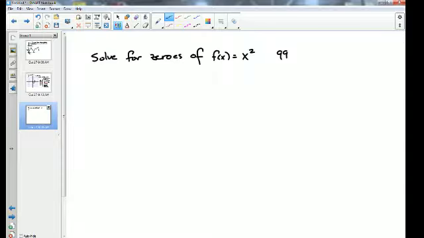Positive or negative? Negative. Both. Ooh, we just upped the ante, didn't we? How about 2 and 4? How about 5? It's a prime number. The only factors are 5 and 1.